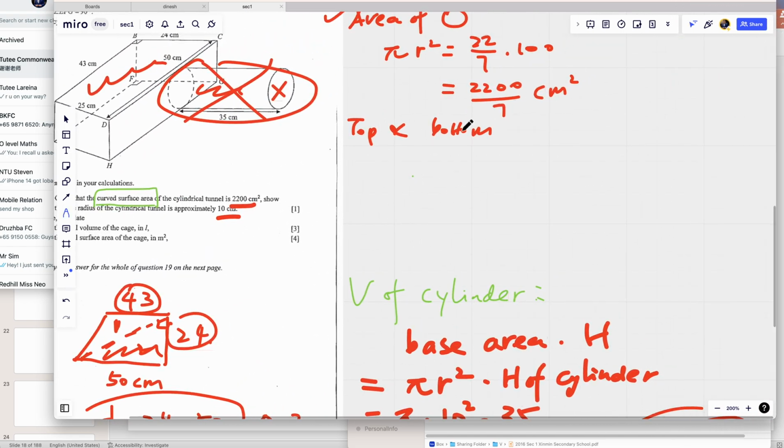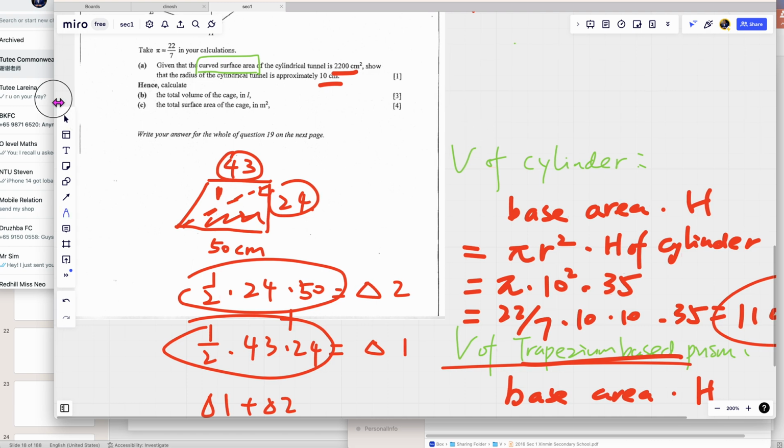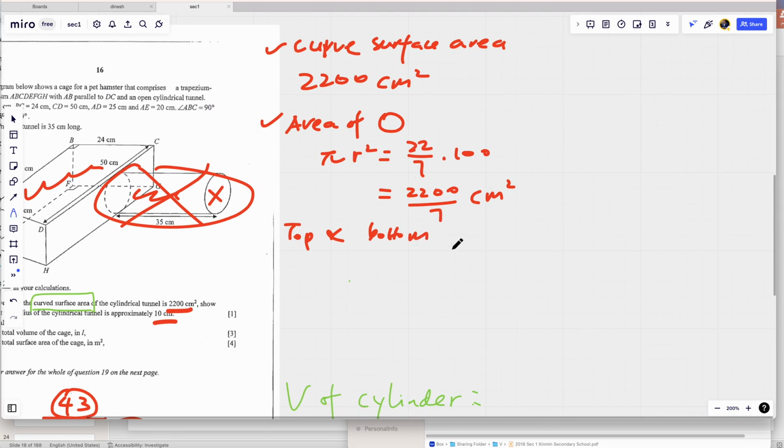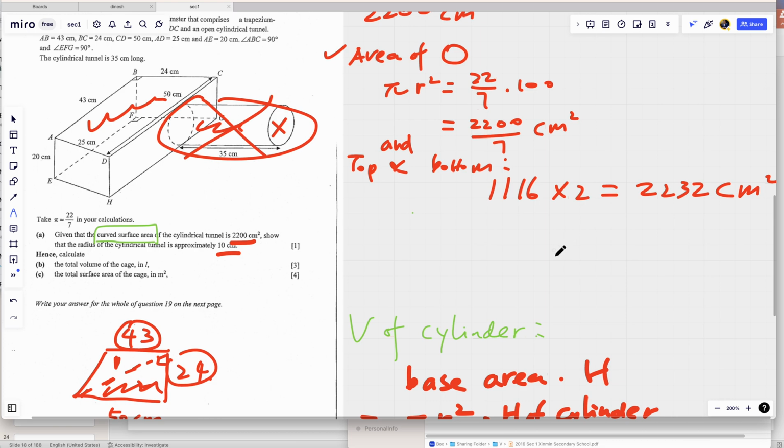So I need to see the bottom. So 1116 is the top, right? So you times the 2. So that's the top and bottom. So times 2, what you get? 2232. Okay, very good.